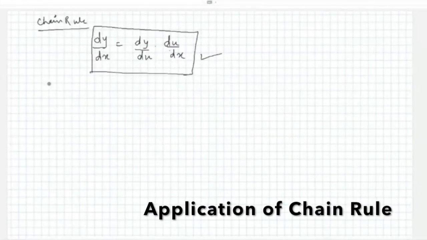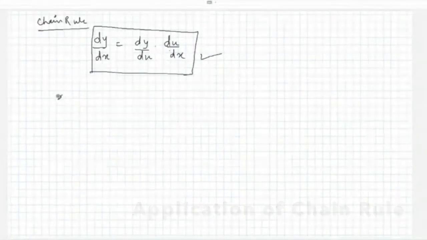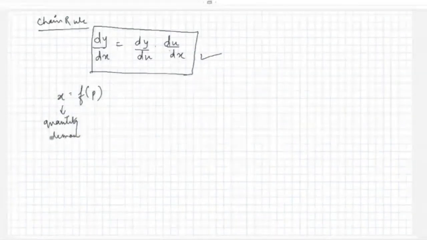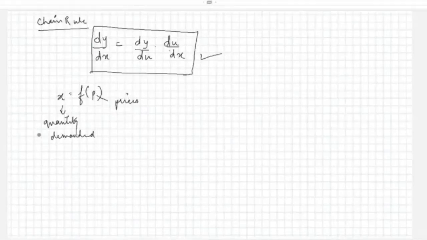For example, suppose you have x function of p, where x refers to quantity demanded of some commodity and p refers to the prices. ठीक है? And I'm saying that the quantity demanded is a function of price. Now suppose that these prices are not constant. ठीक है?